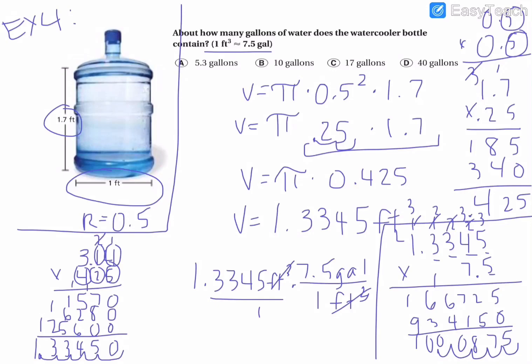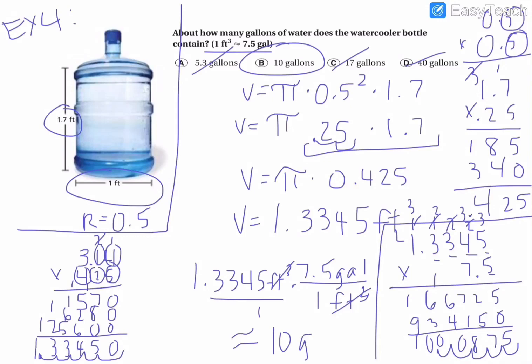I get, oh wow, if we're rounding this and actually looking at our options, we see that that's about 10. Look at all this stuff afterwards. It's 10.008755, but again, looking at our options, it's definitely not D, not C, not A, closest to B, so it's approximately 10 gallons.